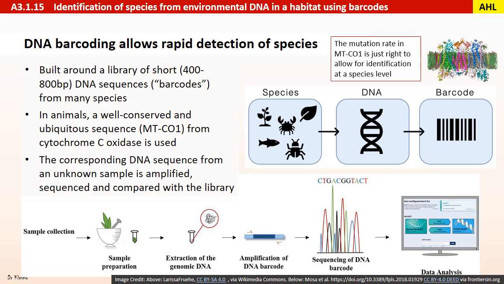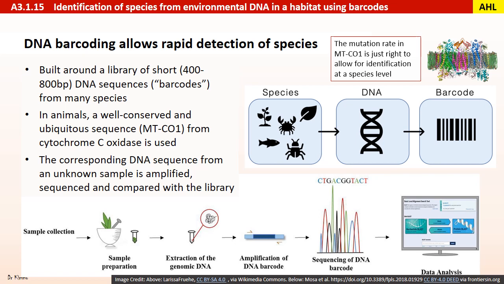When we have a lot of copies, we can sequence the sequence, which means we read the base sequence and we find out the order of the bases. Then this sequence can be compared with the library, and the computer can tell us that your sample comes from this species.